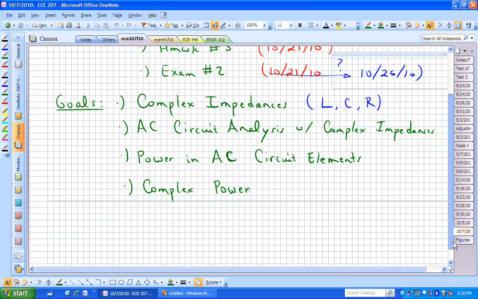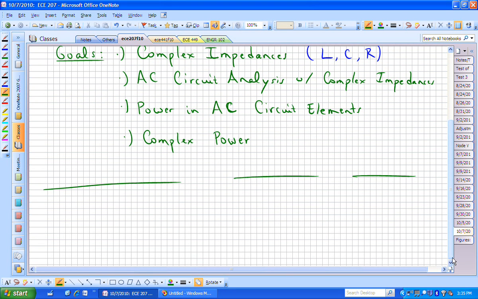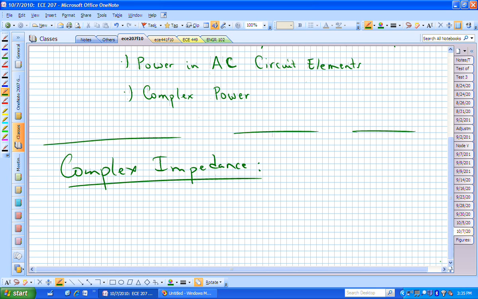Let's now start with this idea of complex impedance. And let me quickly go through the first one that we've really already talked about, and that one was for an inductor. What we're trying to do is derive this complex impedance value or expression for an inductor, and we'll do it by really sort of illustrating it in the time domain.